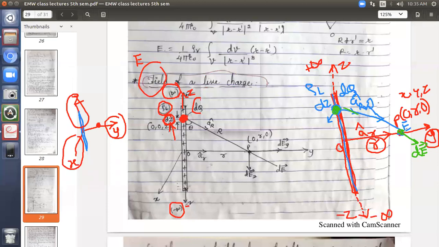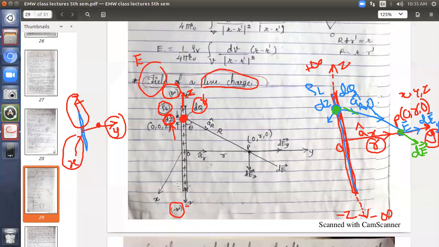Okay. If I resolve the vector into components, how can I write it? This field can have two components. One is this, which is in the y direction, so take dE suffix y.